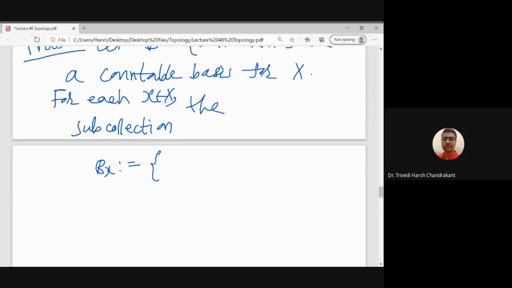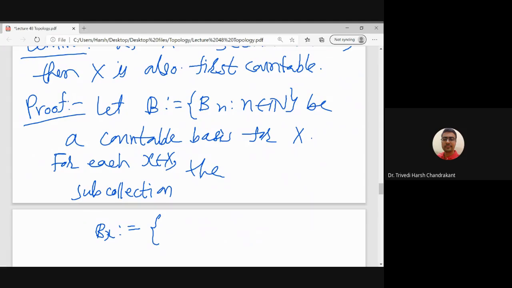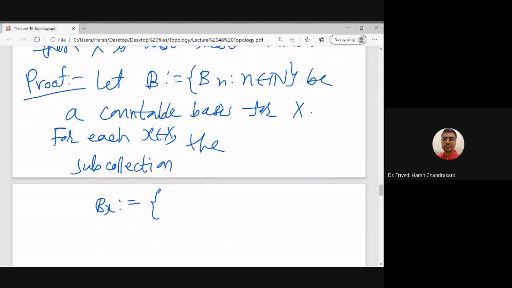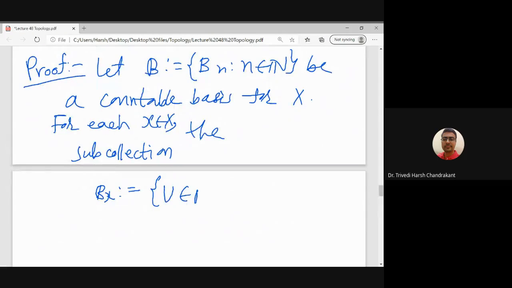What we will consider are the open sets around the point x. So we will not take the entire collection B, we will collect only those elements of B, that is, capital B belongs to B such that x belongs to B. We select only those basis elements which contain x.